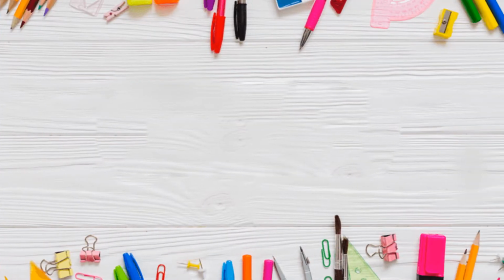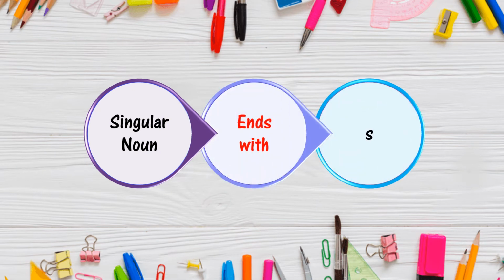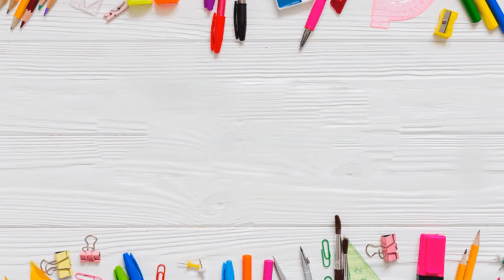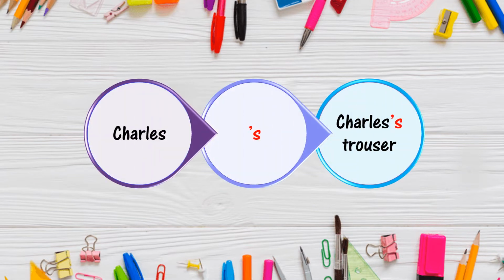Remember, children, if a singular word ends in S, it is still necessary to add apostrophe S. To understand better, children, let us take this example, Charles's trousers. The singular word is ending with S. Charles is ending with S. So we add apostrophe S to it. Understood?